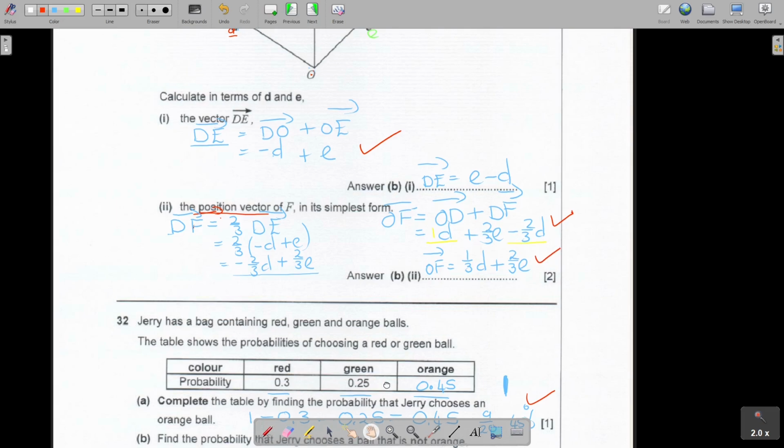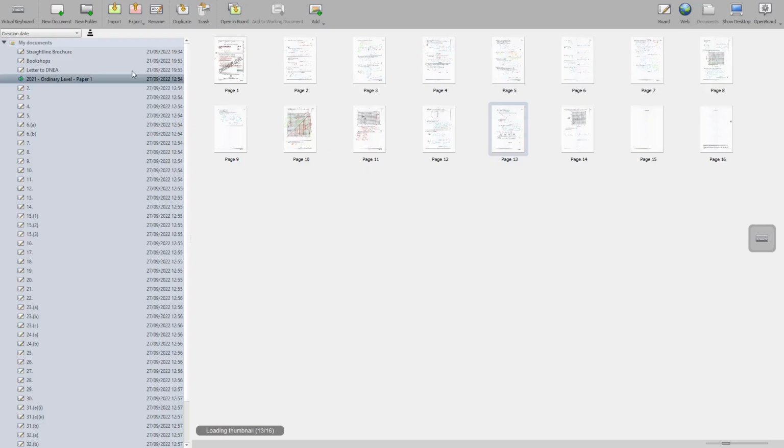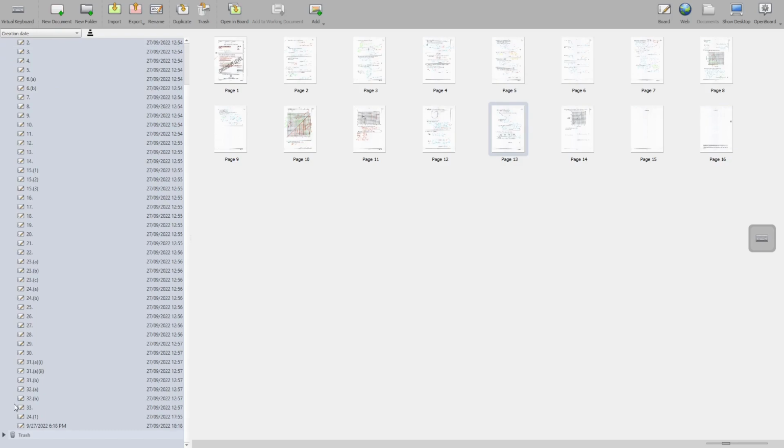Now, this one. Find the probability that Jerry chooses a ball that is not orange. If you could not get that one, you could have got this one because it's this one plus this one. Otherwise, it's very simple, but it takes you to the textbook, page 6 to 9, example 32.